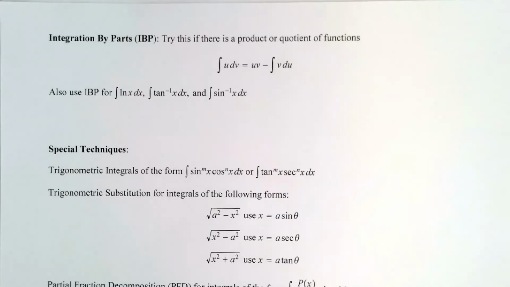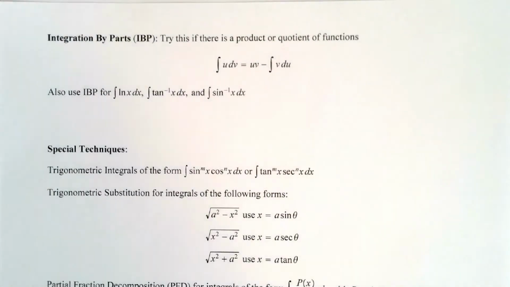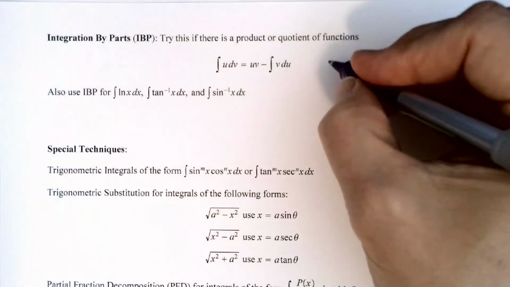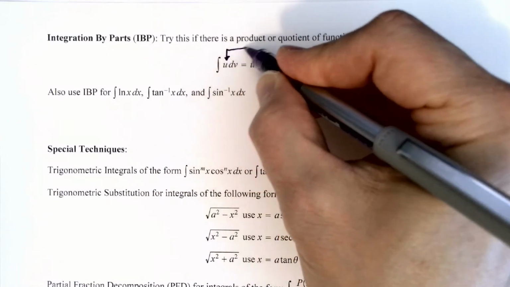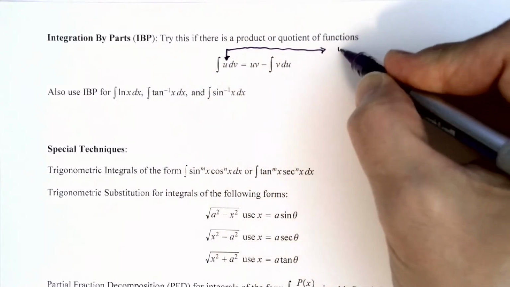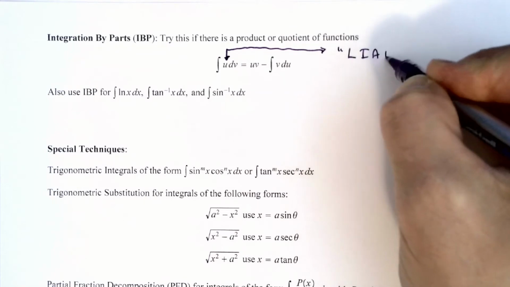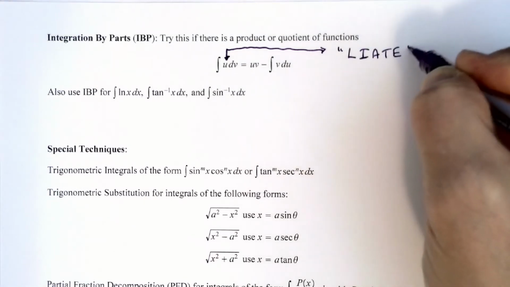Well, certainly integration by parts, and if nothing else works, simple substitution doesn't work, and we've got a product or a quotient of functions, that's where we use the integration by parts. And remember, choosing this u right here, what's the u going to be? Remember our acronym we use, LIATE, right?